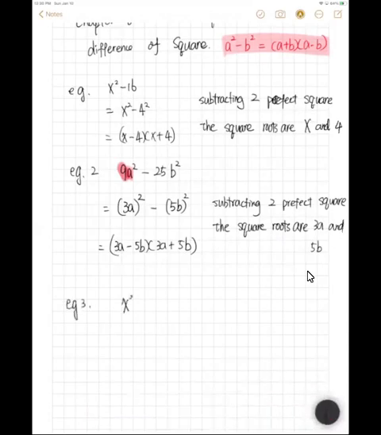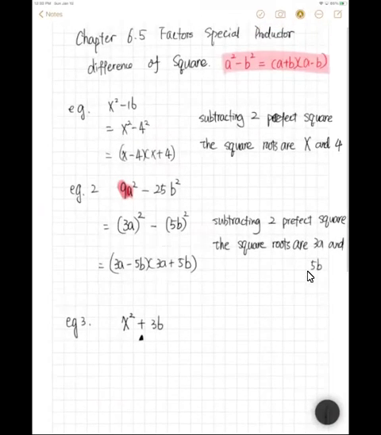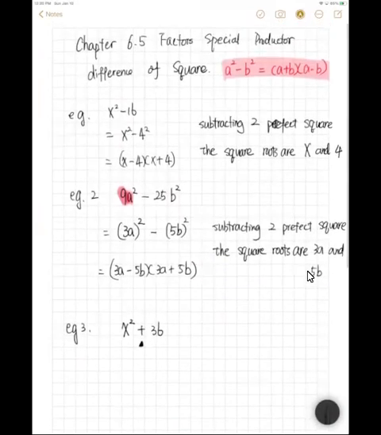If I have x squared plus 36, well, this is a plus. This is the sum of two perfect squares because I can write 36 as 6 squared. But our formula requires that this has to be subtracting, then we can use the formula.